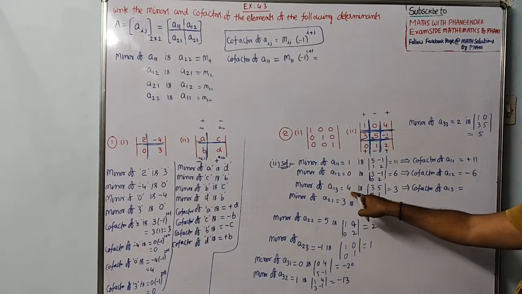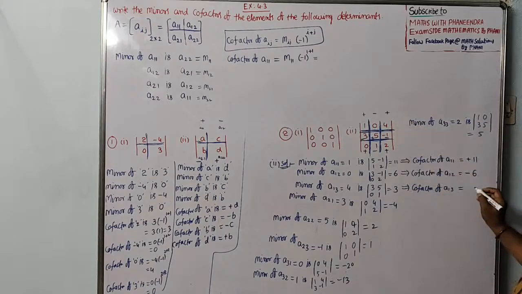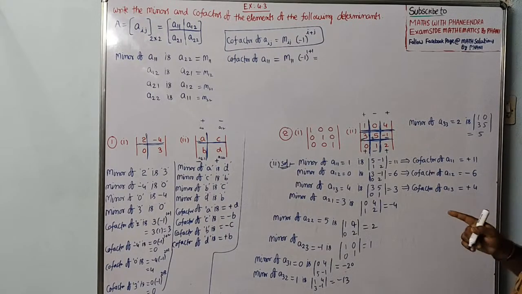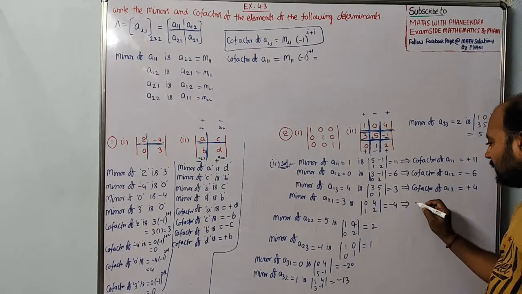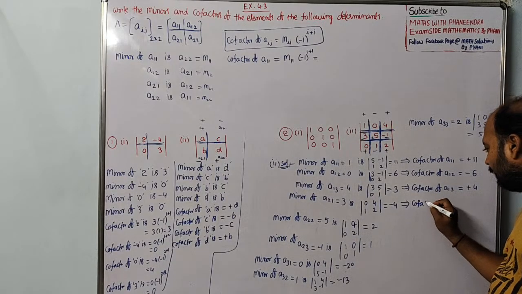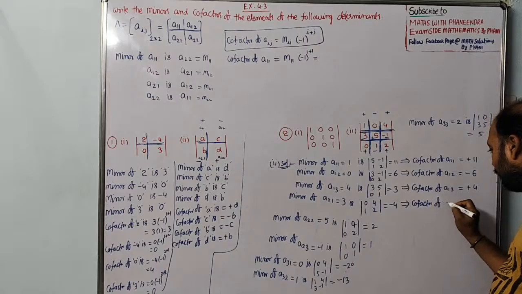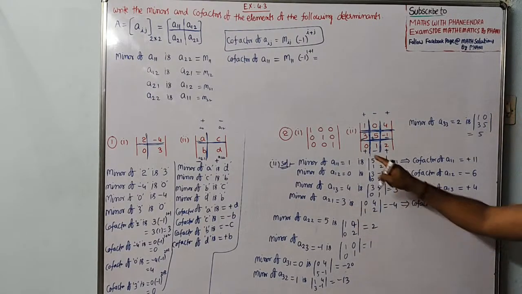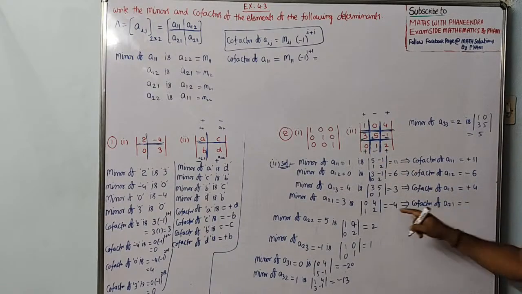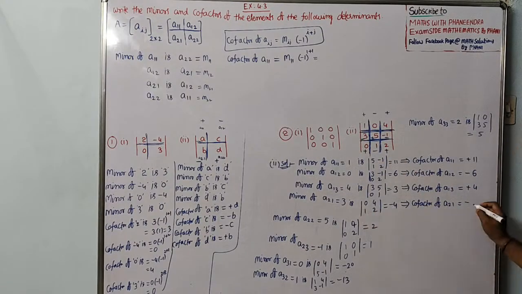Here plus is there, so plus 4. The symbol is very important, dear students, minus or plus. Next, cofactor of A21, second row, first column element. Here it is minus, so minus 4, and already minus is there, so it will be plus 4, dear students.